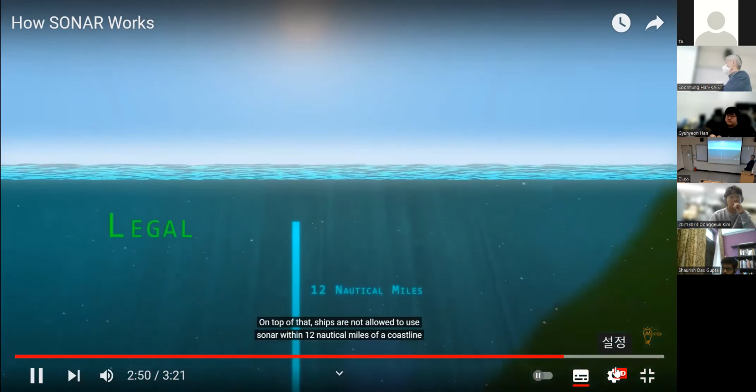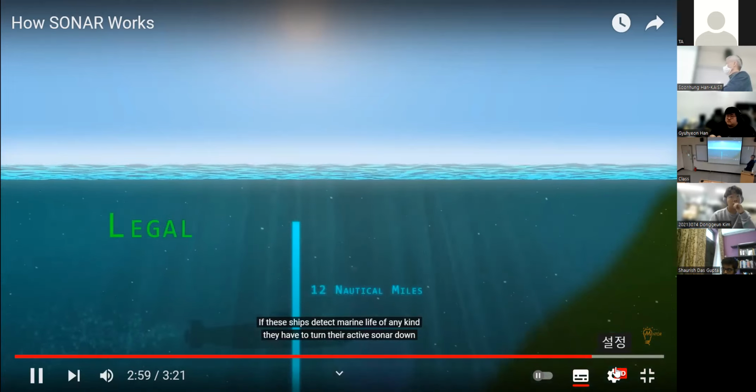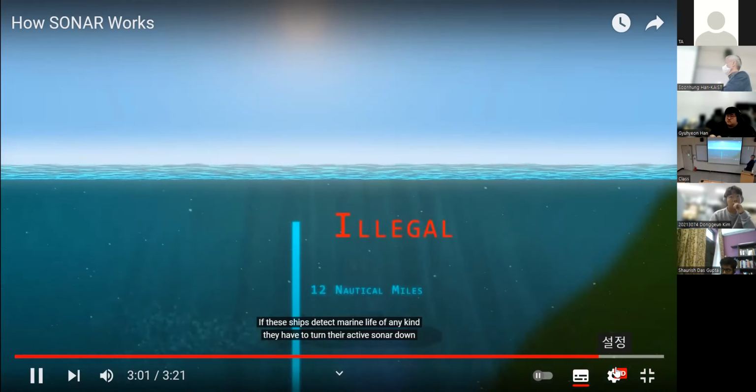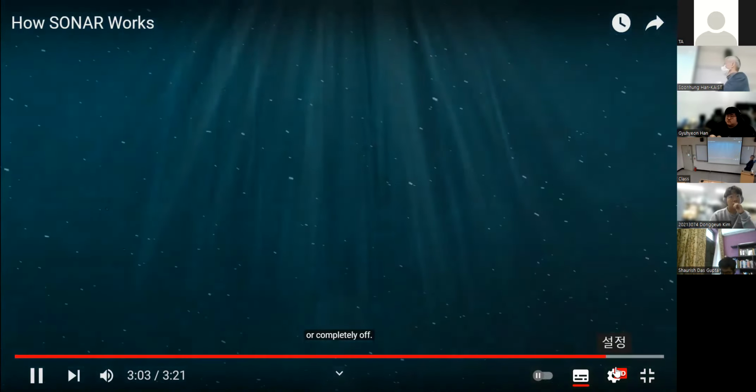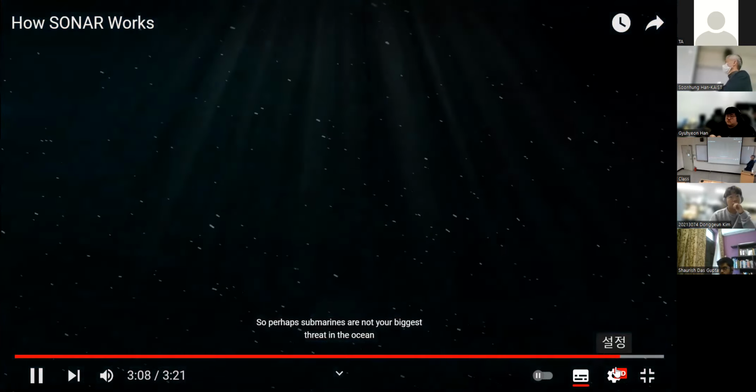On top of that, ships aren't really allowed to use sonar within 12 nautical miles of the coastline to avoid damage to marine life, which includes swimmers. If these ships detect marine life of any kind, they have to turn their active sonar down or completely off. So perhaps submarines are not your biggest threat in the ocean.